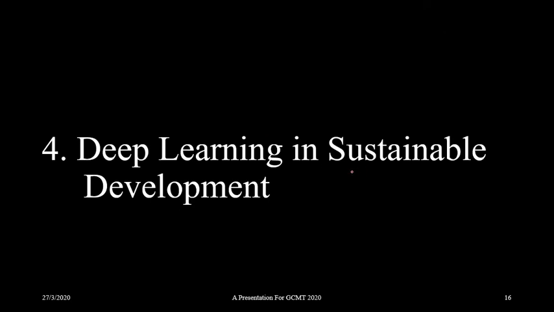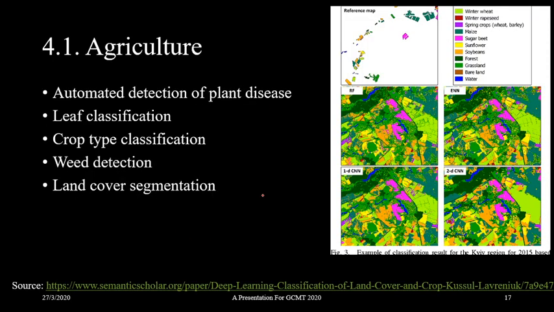Moving on is deep learning in sustainable development. This will be a brief one. Agriculture is quite simple. Today I can use my phone to detect plant disease, or maybe use automated detection. If the plant has a disease, maybe I will ask my worker to go out and treat the plant accordingly.